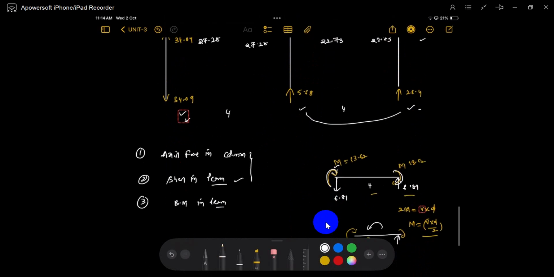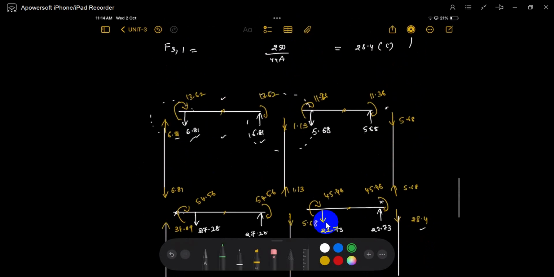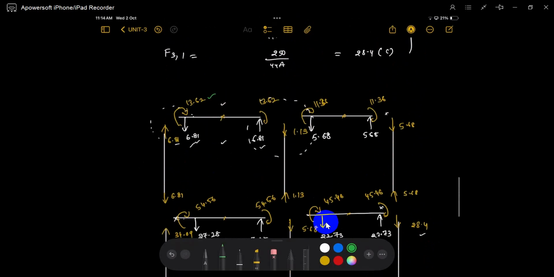Now we will calculate bending moment in column based on equilibrium. I will show you. Here 13.62 is clockwise, so to maintain equilibrium in the joint it is anti-clockwise 13.62. Understood?